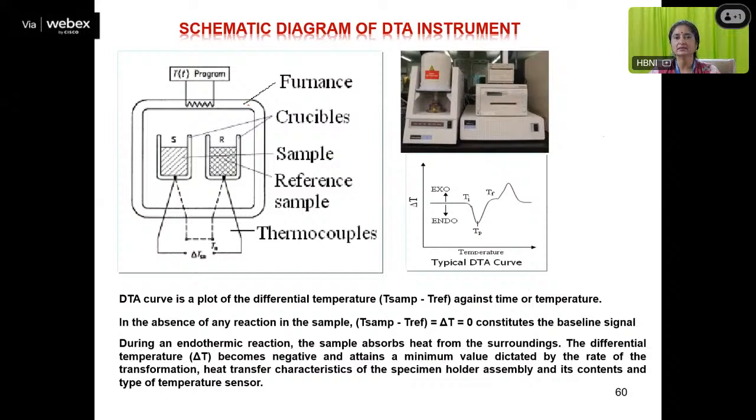During an endothermic reaction, the sample absorbs heat from the surroundings, so the differential temperature delta T becomes negative and attains a minimum value dictated by the rate of the transformation, the heat transfer characteristics of the specimen holder assembly and its content, and the type of temperature sensors. So with all this, it depends.